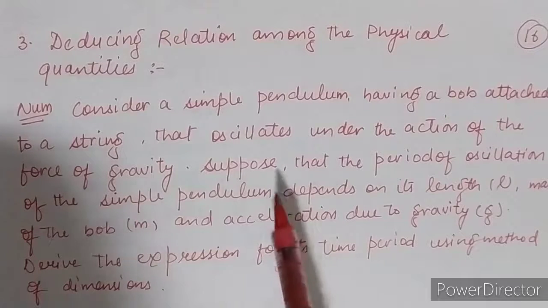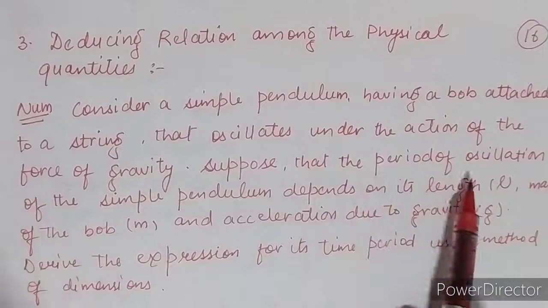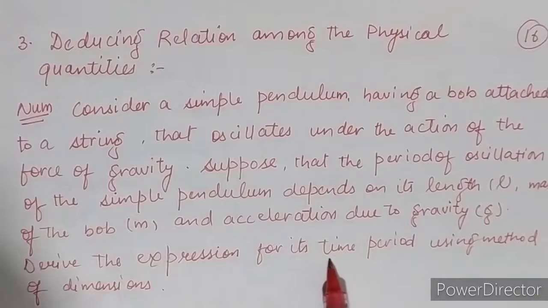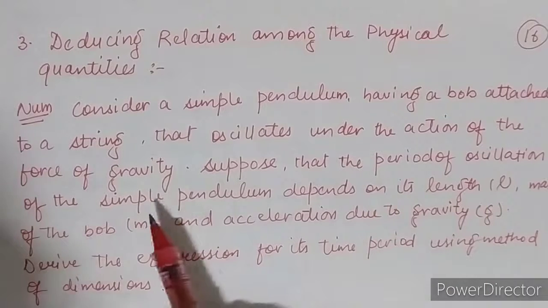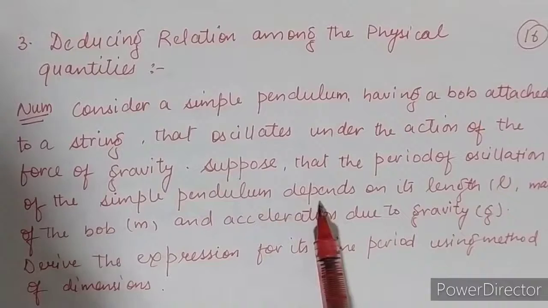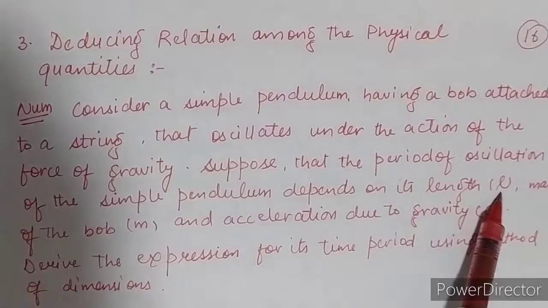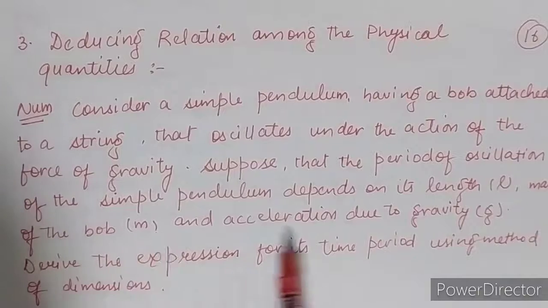Now suppose that the period of oscillation of the simple pendulum, which means the time period, depends on its length L, mass m, and acceleration due to gravity g.